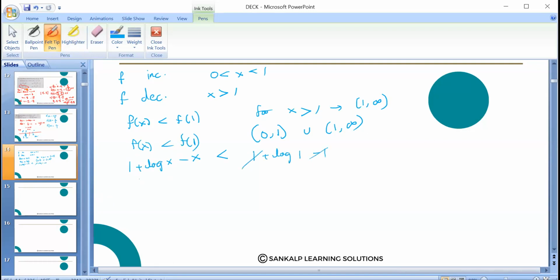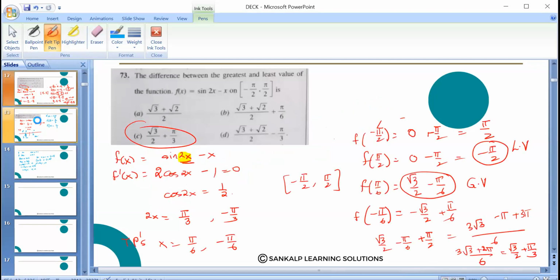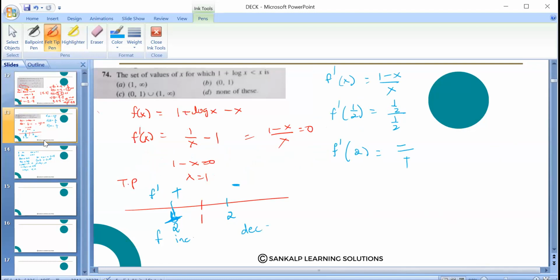Log 1 is 0. 1 plus log x minus x is less than 0, or 1 plus log x is less than x. So option C is correct.